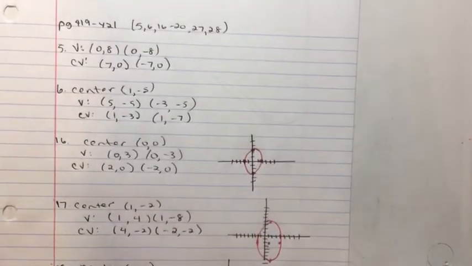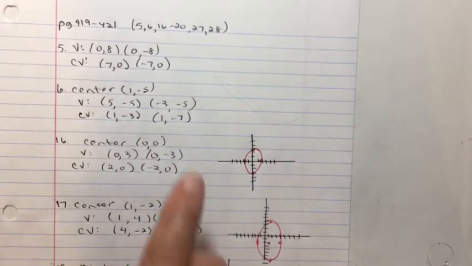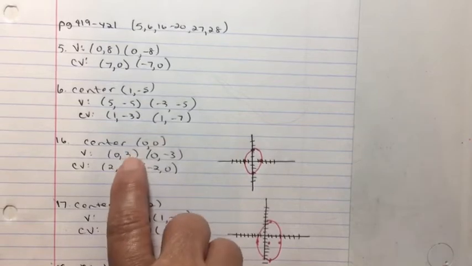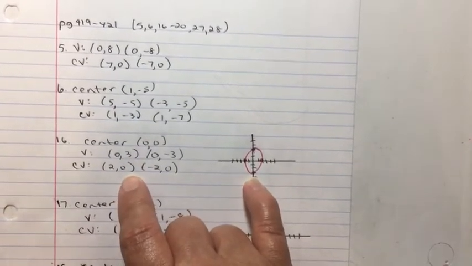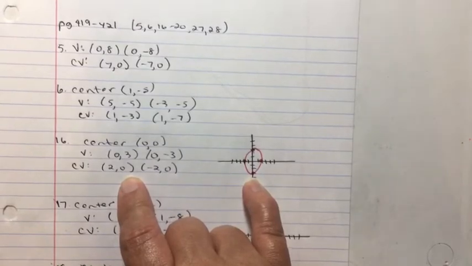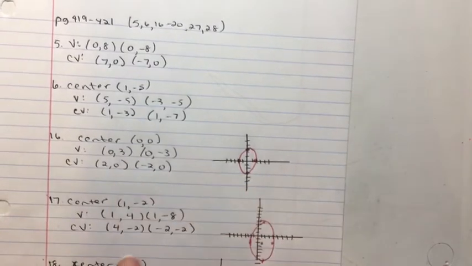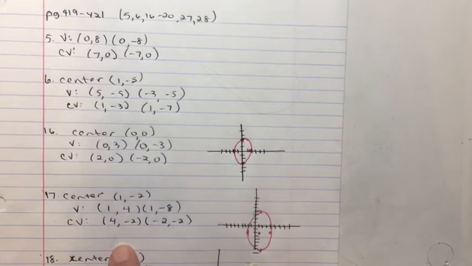All right, now we're skipping to 16 through 19, which you had to graph. If you know the center, the vertices, and the co-vertices, you can plot them and then make your ellipse. Okay, same thing on 17. Get your center, your vertices, and your co-vertices.